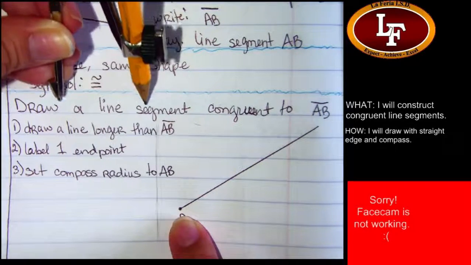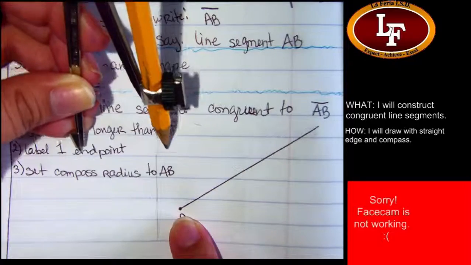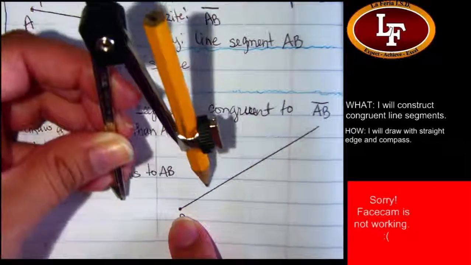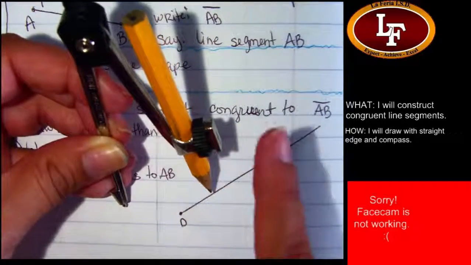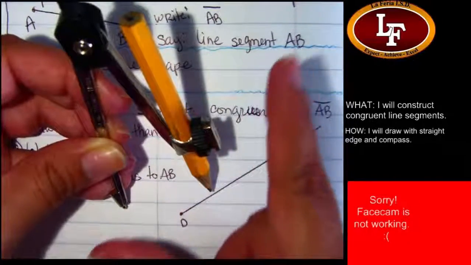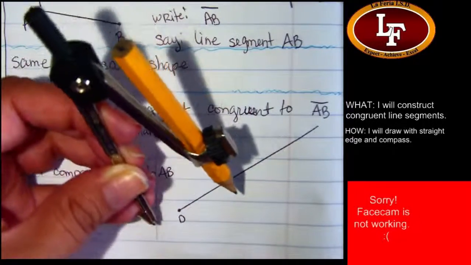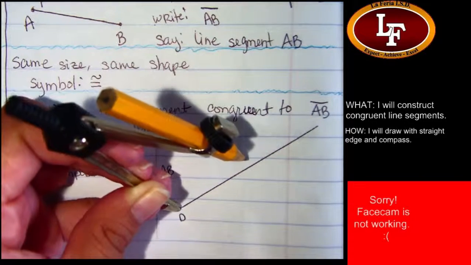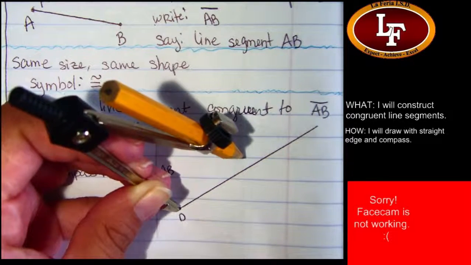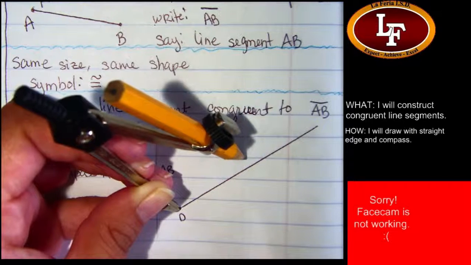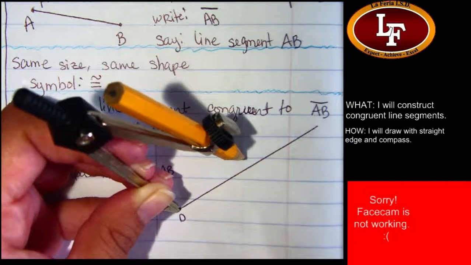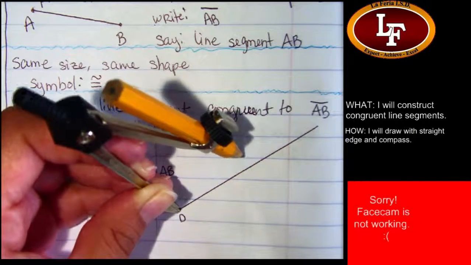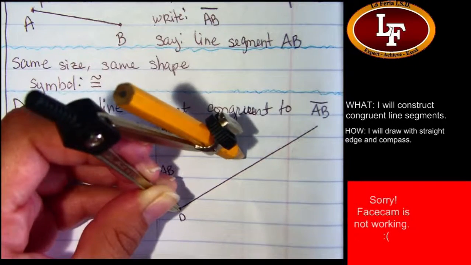I'm holding it by just one of the legs, and I'm moving it very carefully, so that I don't squish this radius and make it smaller or bigger. I need to keep that radius the same. And I'm going to get the needle right on the endpoint that I just labeled. If you feel it moved on you, go ahead and reset, go back up to the line segment, measure it again, and then very carefully move it.